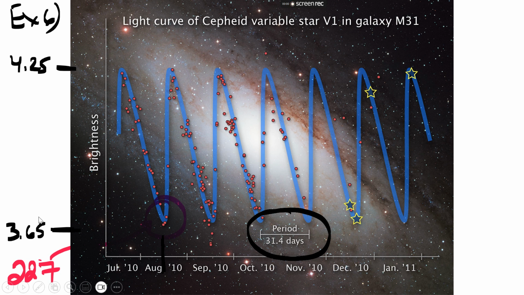And then what I did is I put down the illumination factor. So at its dimmest point it has a 3.65 illumination factor, and its highest point has a 4.25 as its greatest illumination factor. Then I had to do one more thing. I had to find out when is it dimmest. It looks like it's right in the middle of August.